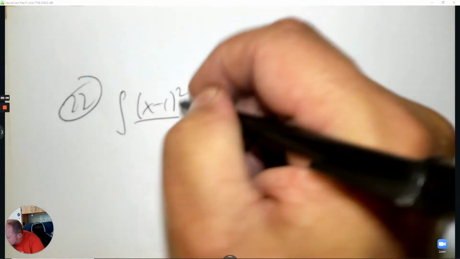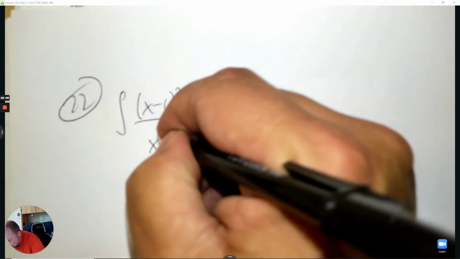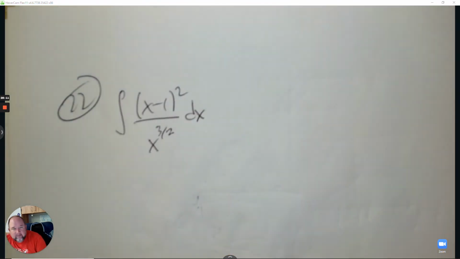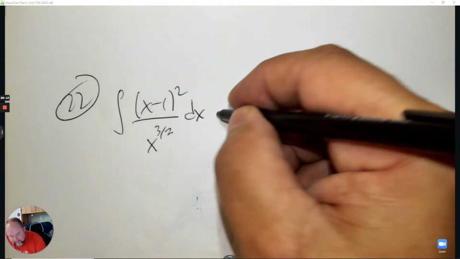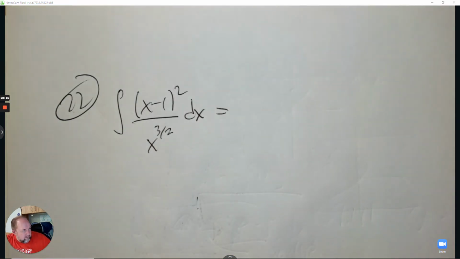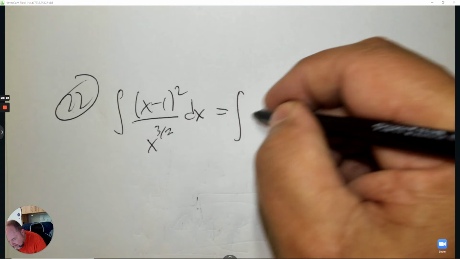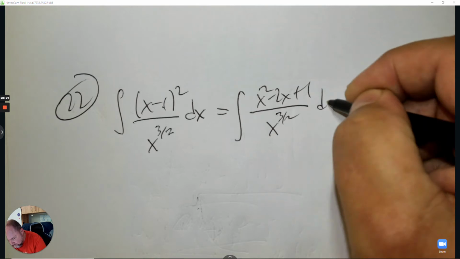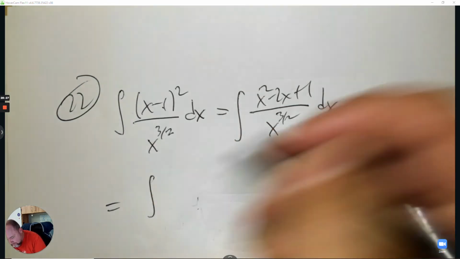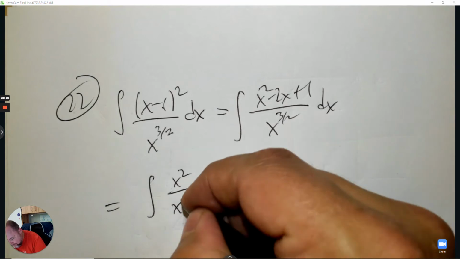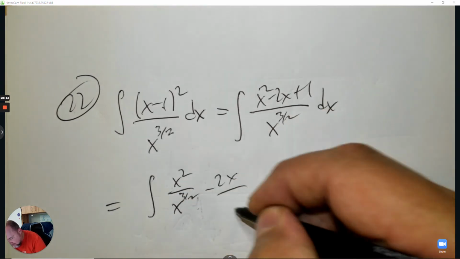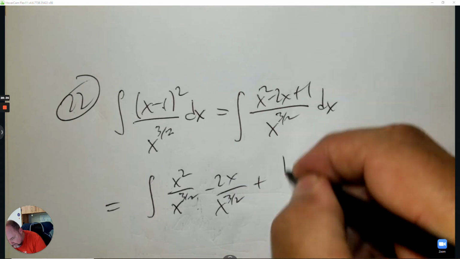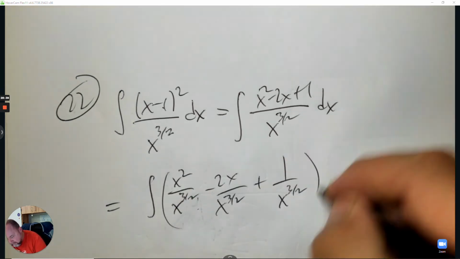22. Integrate x minus 1 squared over x to the 3 halves dx. I'm going to FOIL this, expand it. And then I'm going to write it as x squared over that minus 2x over that, so write it as 3 fractions.